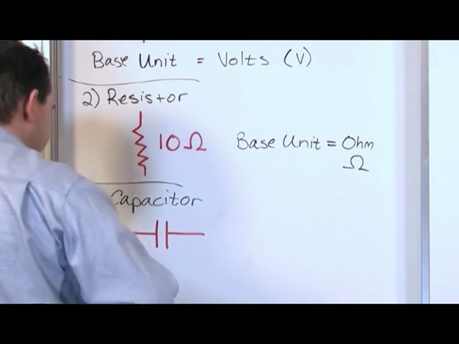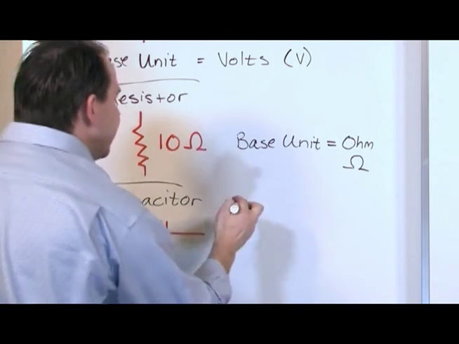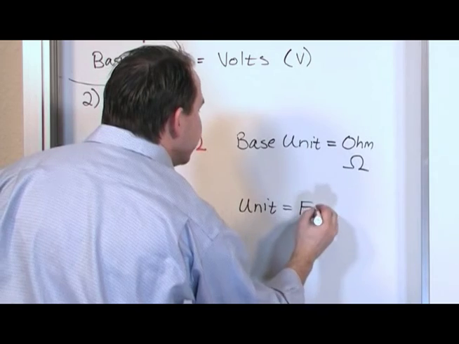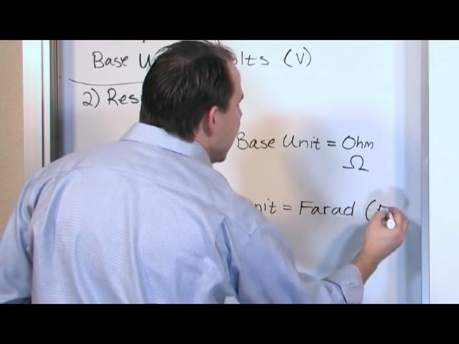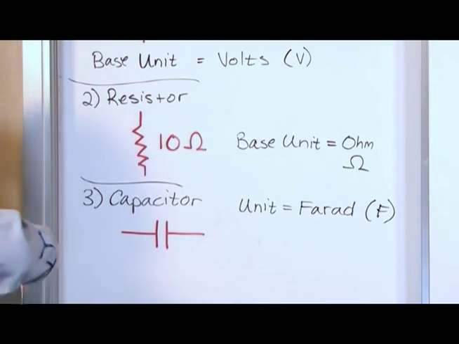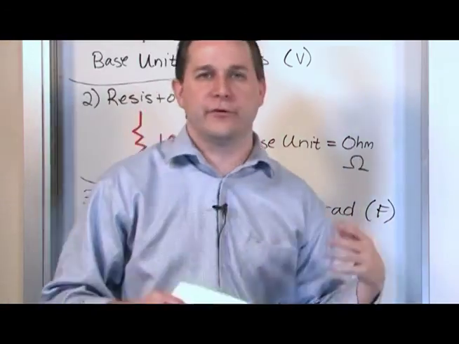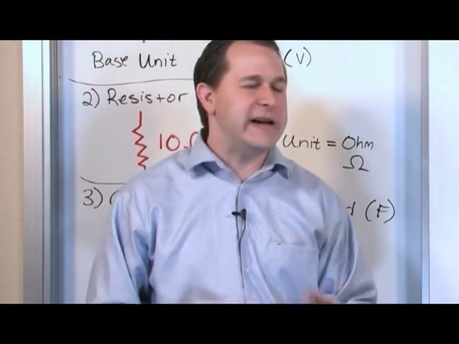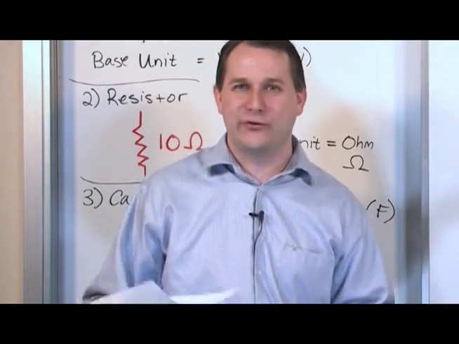Now, the units, before I show you exactly why this is important, the base unit is the farad. You might see that as F. But in reality, when you start purchasing capacitors or building capacitors, a farad as a unit of capacitance is an enormous amount of capacitance. It's an enormous amount of ability to store charge.